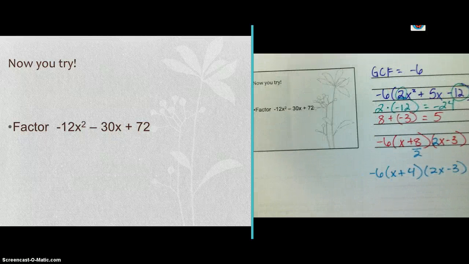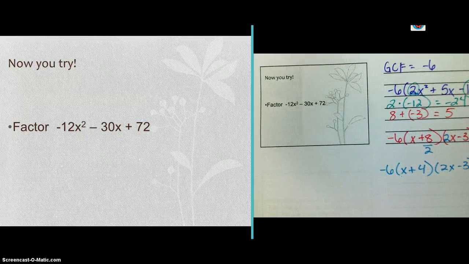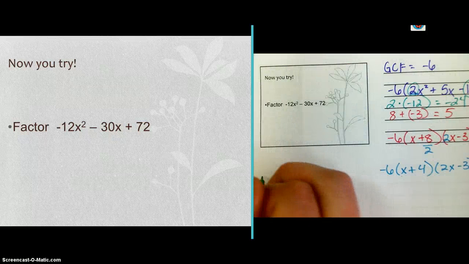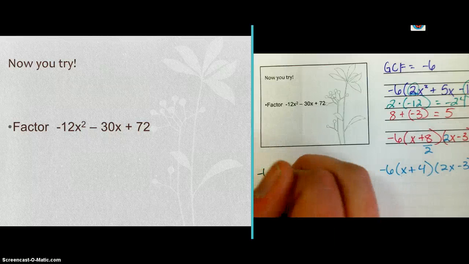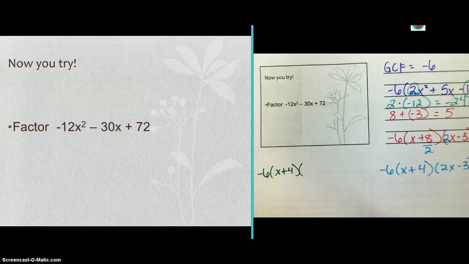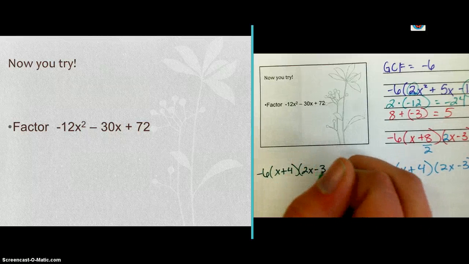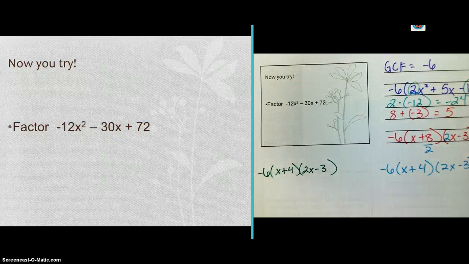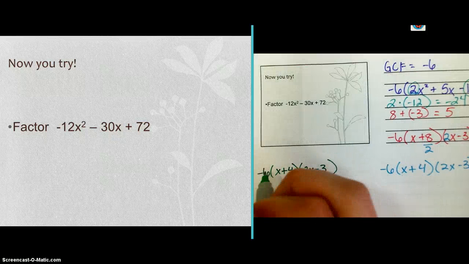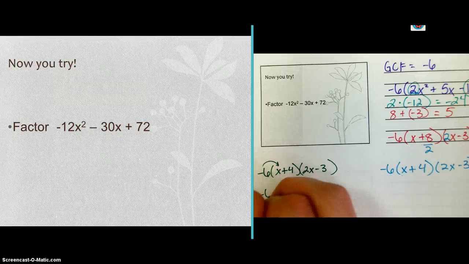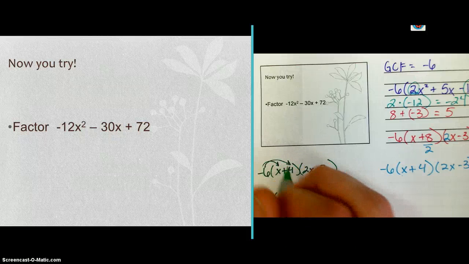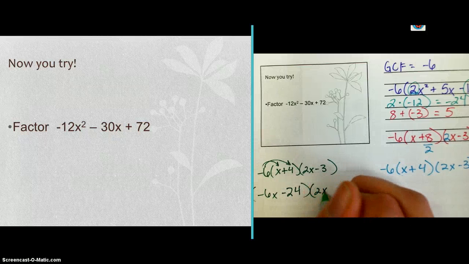Now I want to check this to make sure that it is indeed correct. So I have negative 6 times x plus 4, times 2x minus 3. When I multiply this, I'm going to do negative 6 times x, negative 6x, negative 6 times 4 is negative 24, times 2x minus 3.